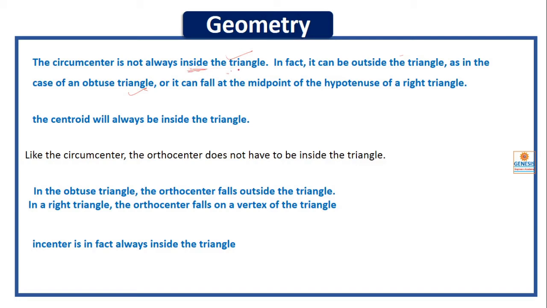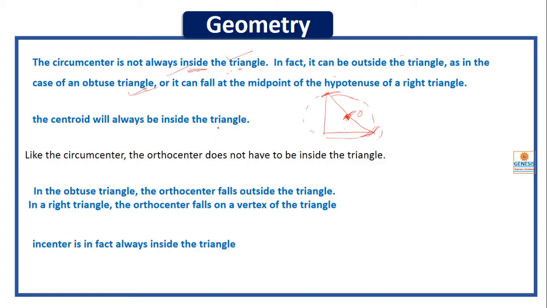Circumcentre is inside for an acute triangle, outside for an obtuse triangle, and at the center of the hypotenuse for a right angle triangle. So this is the circumcentre, and this becomes the radius. It is the midpoint. This is the center of this circumcircle. You understand my point? So this property is also useful.